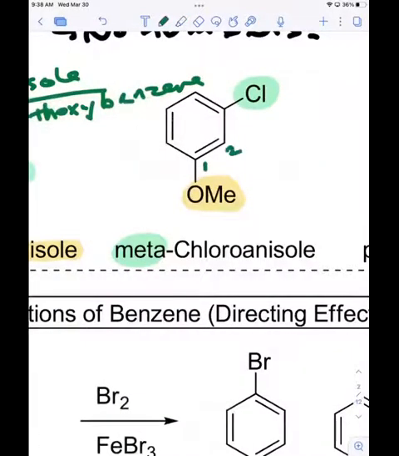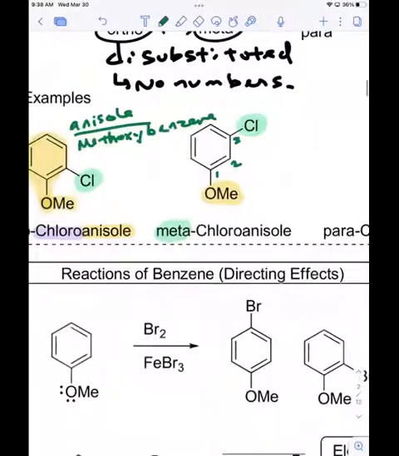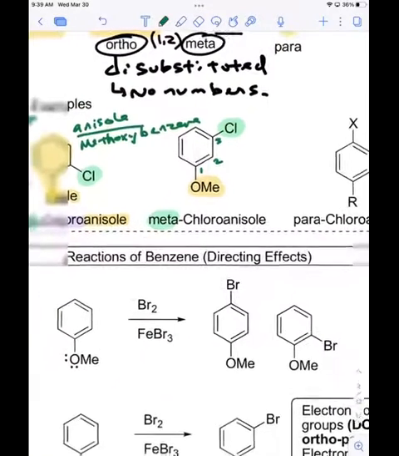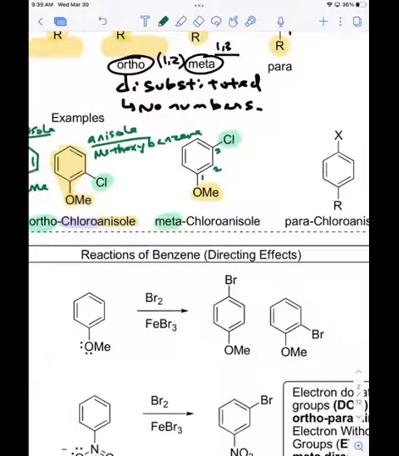So this is 1, 2, 3 like that, but we don't use numbers. For di-substituted systems, we use positions. So it's either ortho, meta, or para. So metachloroanisole, same thing. The anisole is the methoxybenzene ring. The chlorine is the substituent. And so we call it metachloroanisole.